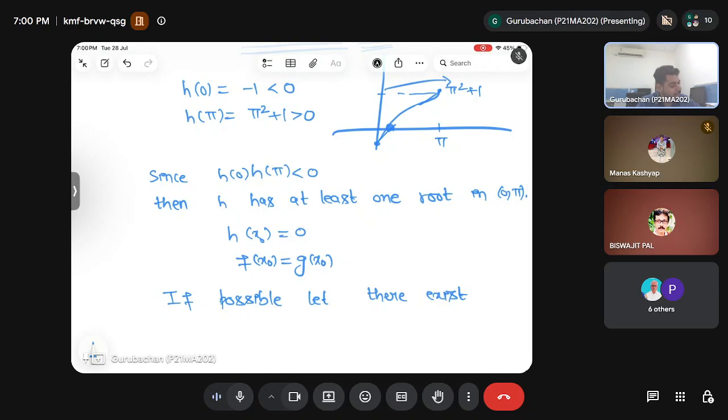If possible, let there exist some number x1 in R such that f of x1 is 0.